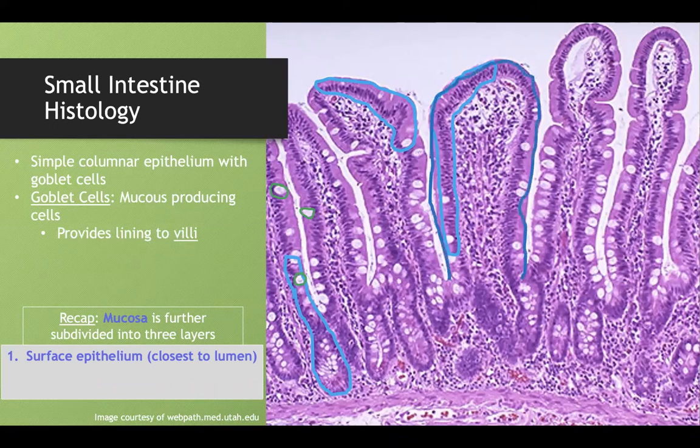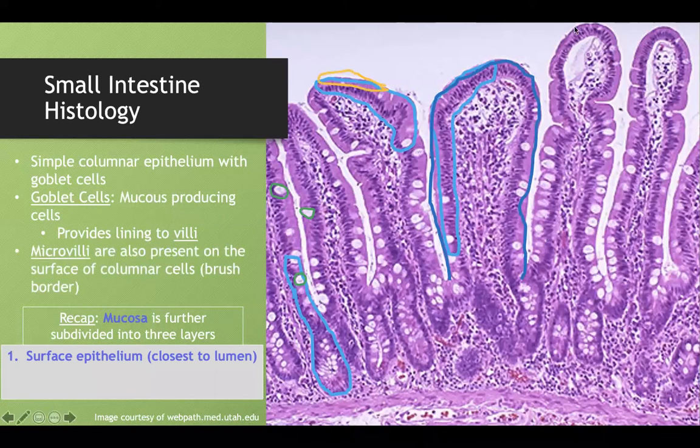If you see these finger-like projections sticking out, I think we can see like 5 or 6 fingers, those are all referred to as villi, and they help enhance absorption. You can also see microvilli on the surface of these columnar cells. You can't really see it that well in this picture, but all this fuzzy area right here is all microvilli jutting out. And this whole finger-like thing is referred to as the villus.